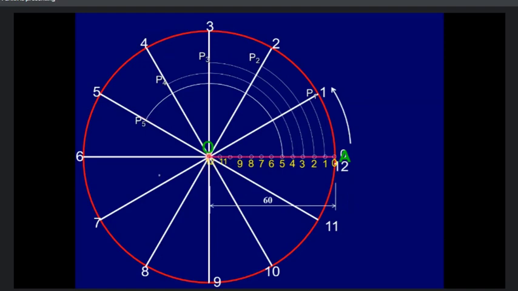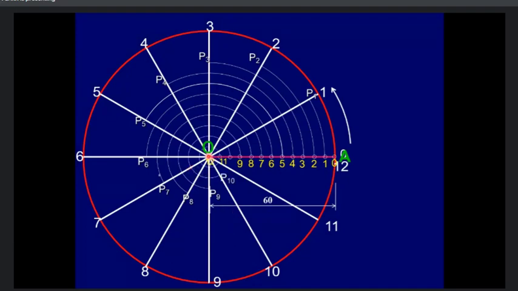Now take center as O, radius equal to O6, mark an arc on O6 position, that is P6. Then take center as O and O7 radius, mark an arc, P7. Take center as O, radius equal to O8, mark an arc here, you get the P8 point. Take center as O, radius equal to O9, mark an arc on O9. And consequently, you can repeat the step.